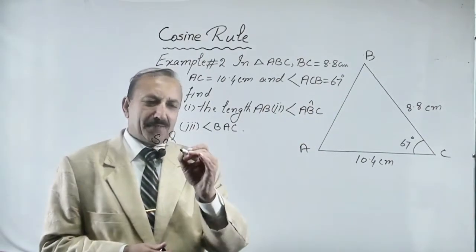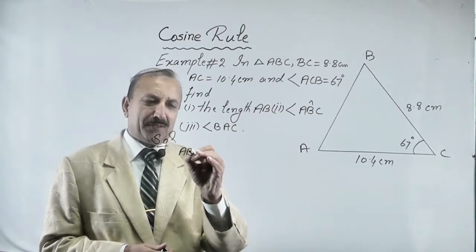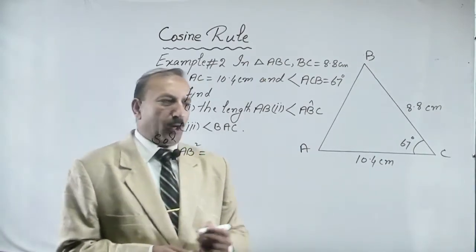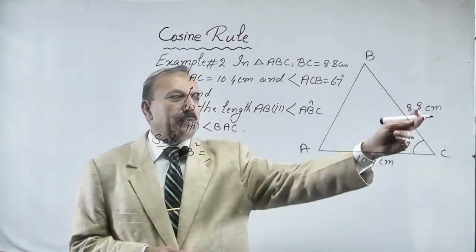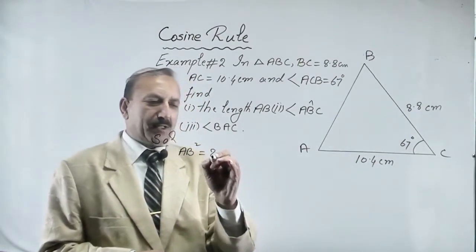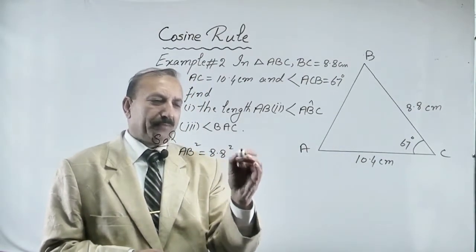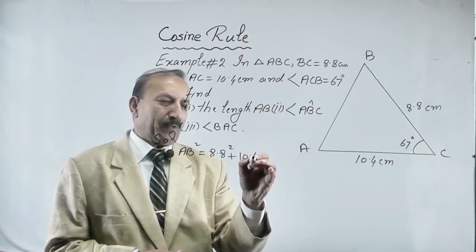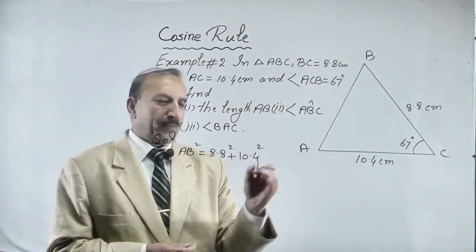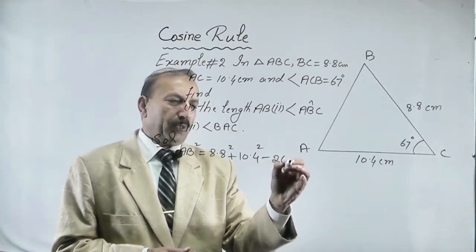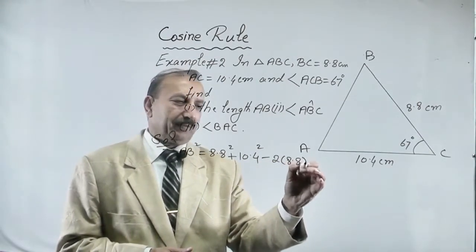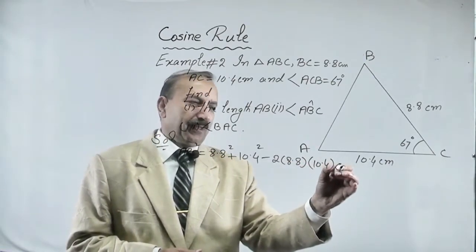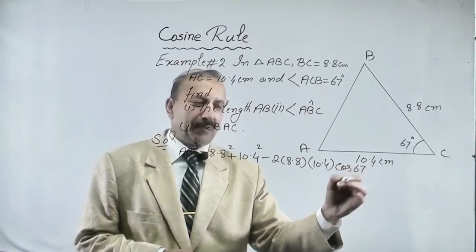Let's work for this. AB squared, by the cosine rule, is equal to the sum of the squares of these two sides: this is 8.8 squared, plus this is 10.4 squared, minus 2 into 8.8 into 10.4 into cosine of 67.